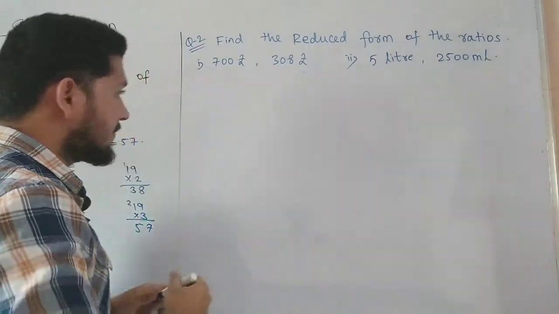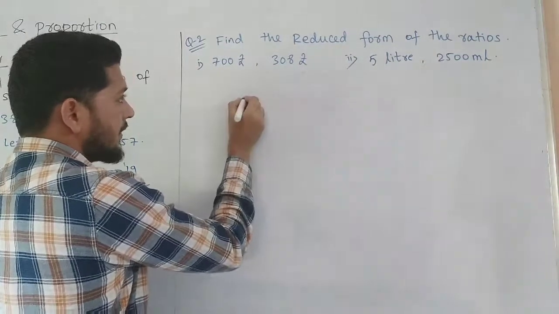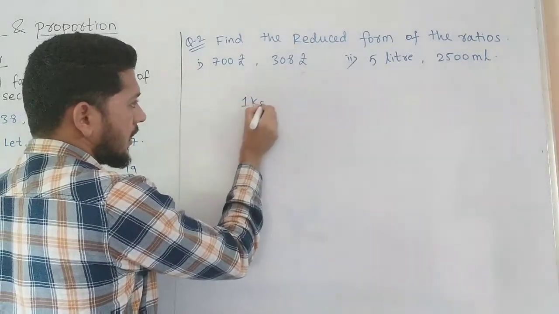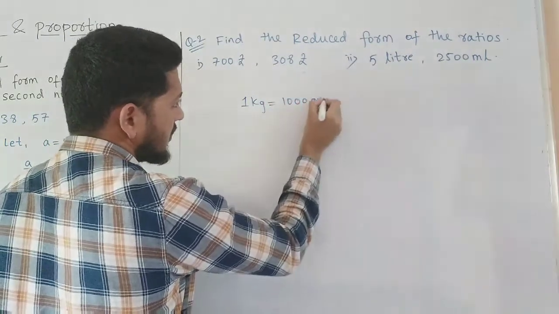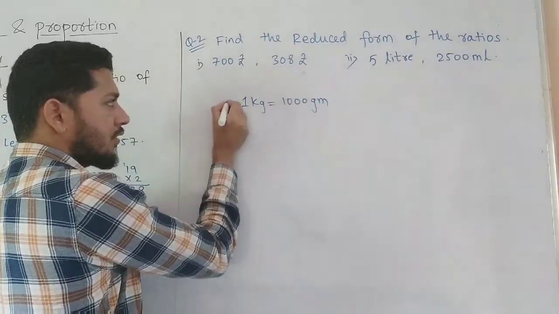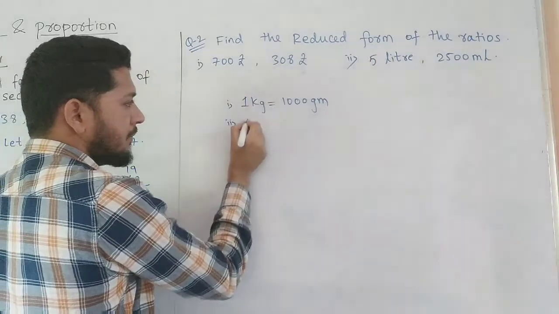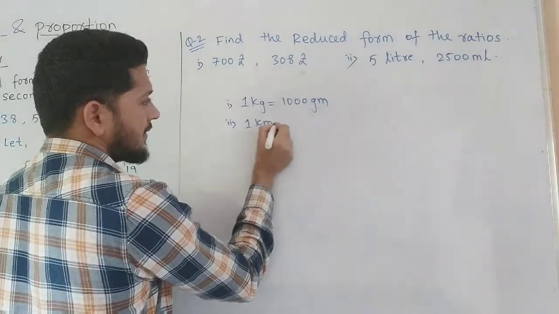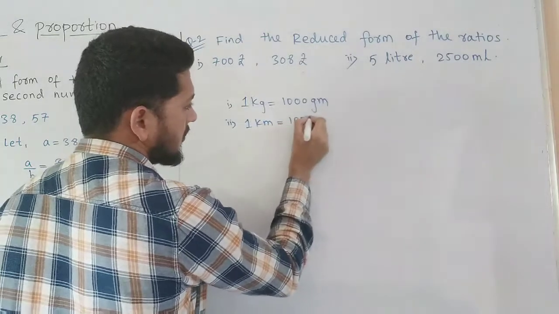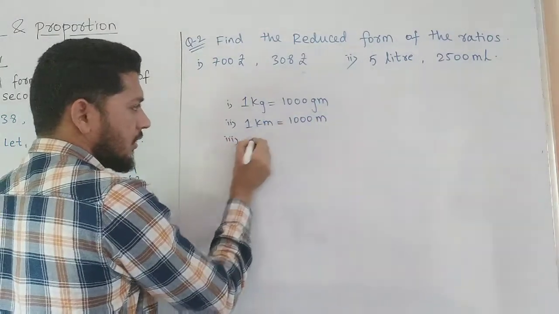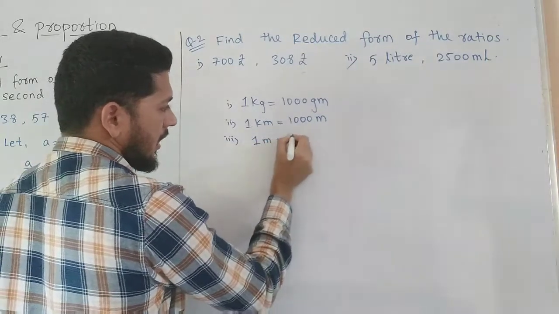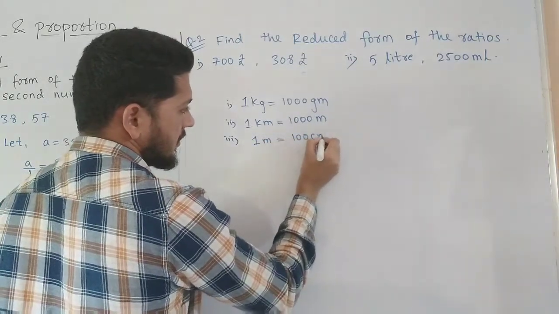So here we can see 1 kg, 1 kilogram has 1000 grams. How many grams are there in 1 kilogram? 1000 grams. This is the first quantity. Second, 1 kilometer has 1000 meters. Third, 1 meter has 100 centimeters.